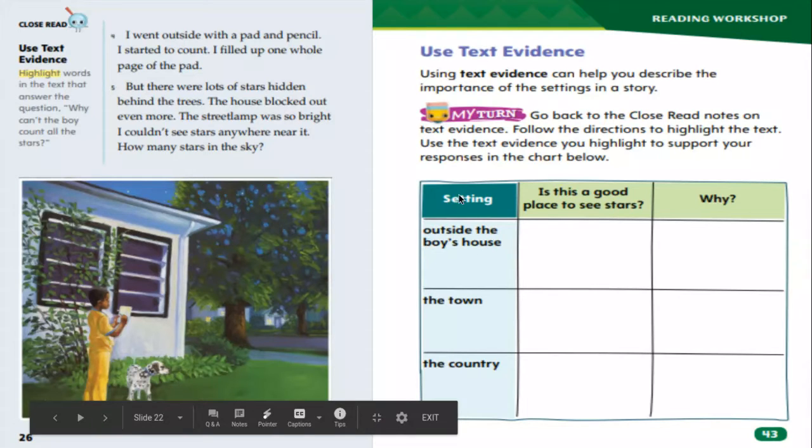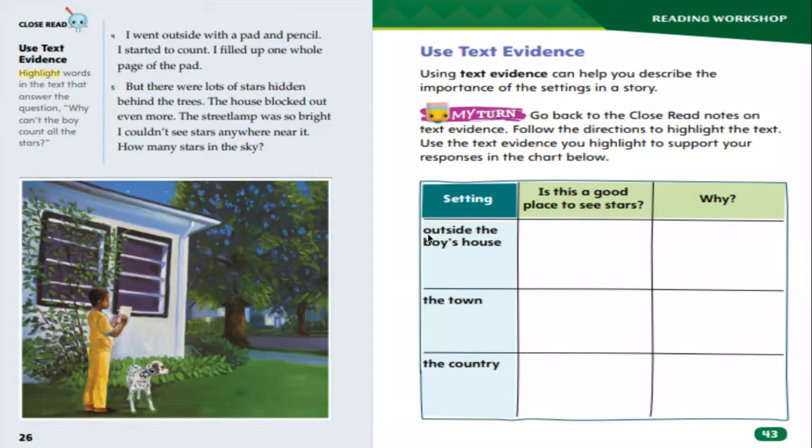So let's begin. Let's start with this setting area right here, outside the boy's house. So if you remember reading in the text, when the boy went outside of his house, on this page, he took a pad and pencil with him. So for this section, I want to write about, is this a good place to see stars outside the boy's house? So I remember that this part right here talks about how the boy went outside, so outside the boy's house.